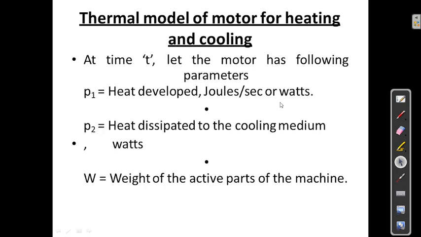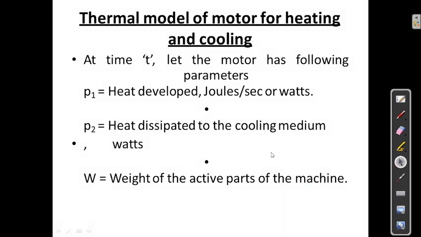Then, at time t, let the motor have the following parameters. P1 equals heat developed in joules per second or watts. P2 is heat dissipated to the cooling medium in watts. W is the weight of the active parts of the machine.